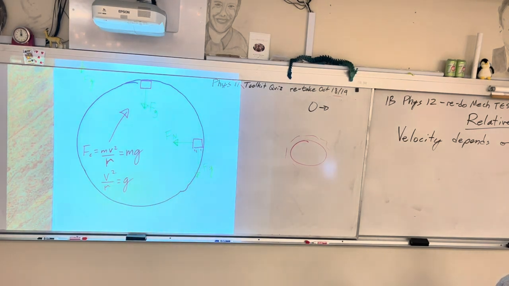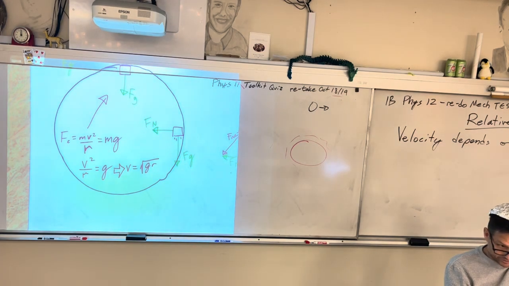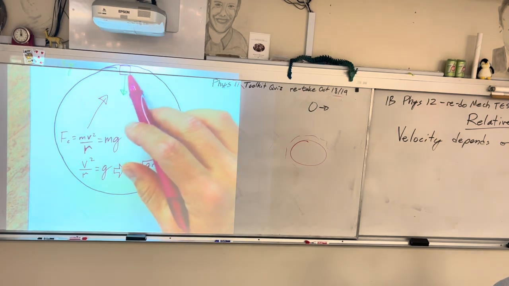Yes? And so what's our v equal to? Good, the square root of g r. If you know the radius of your circle, you multiply by g and take the square root. That's the minimum velocity you need up here.